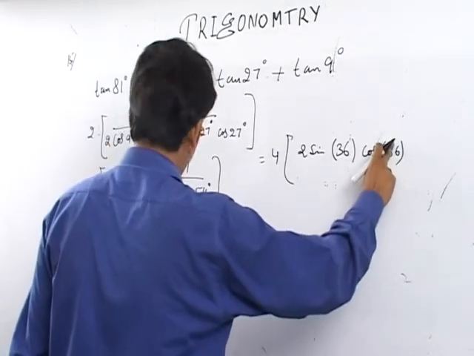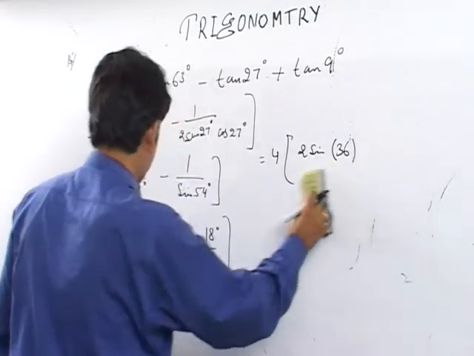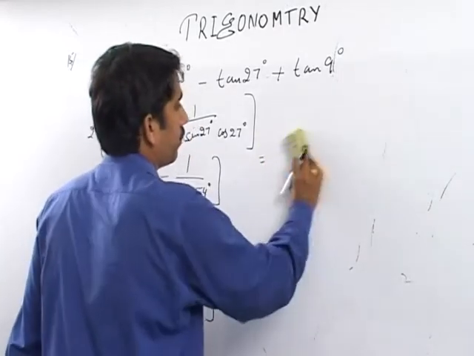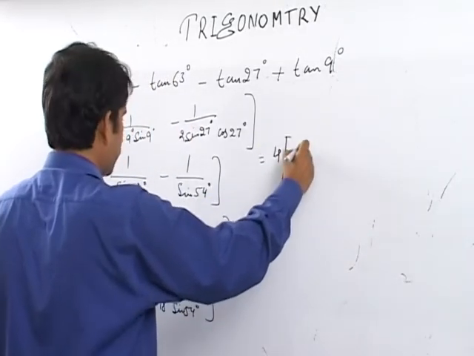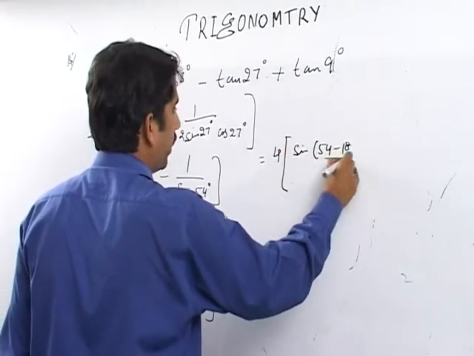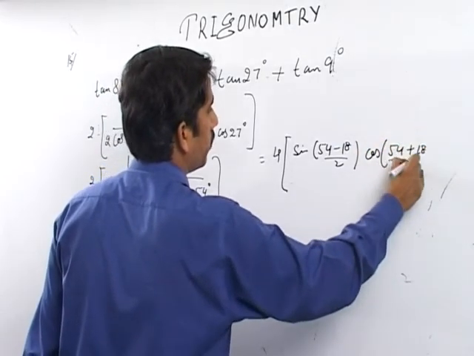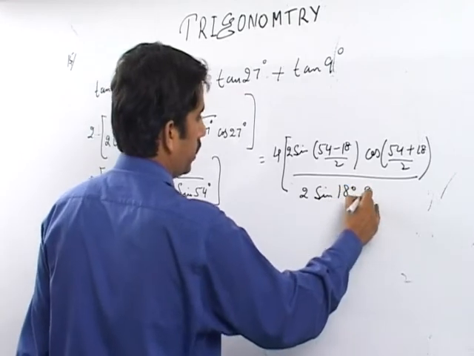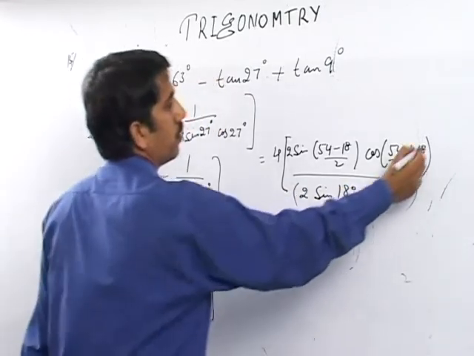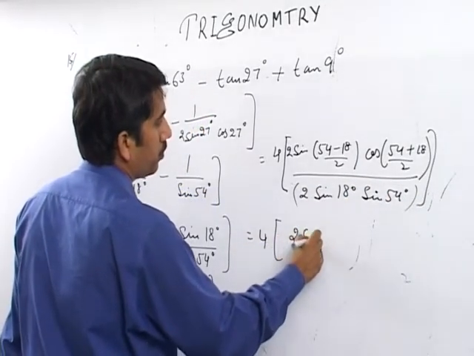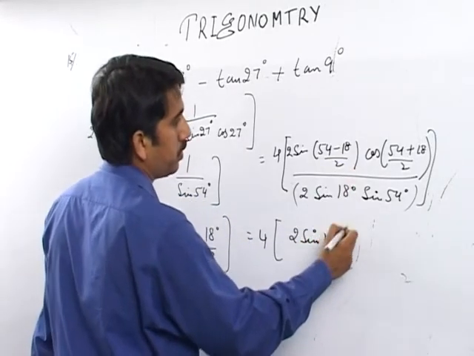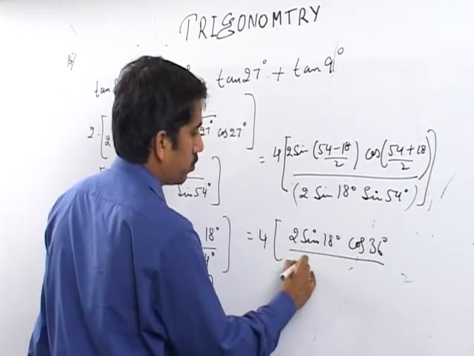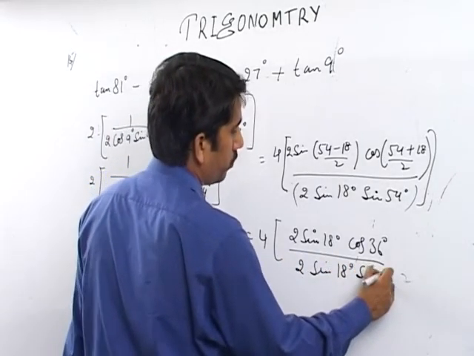Sorry, this is 4 sin of C minus D by 2 cos of C plus D by 2 over 2 sin 18 degree sin of 54 degree, and here you will get 4 of 2 sin of 18 degree and cos of 36 degree, over 2 sin 18 degree sin of 54 degree.